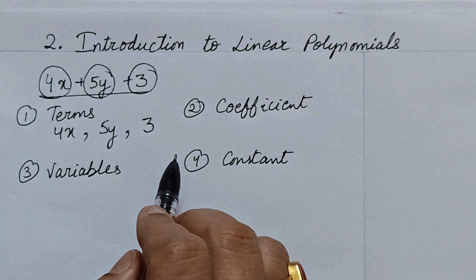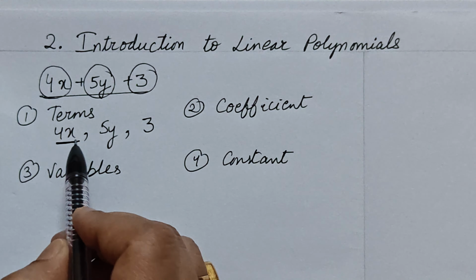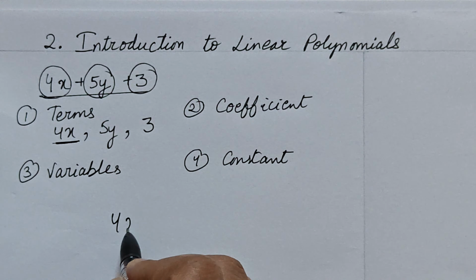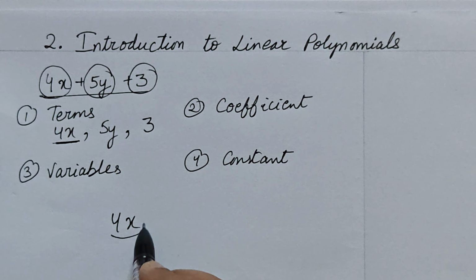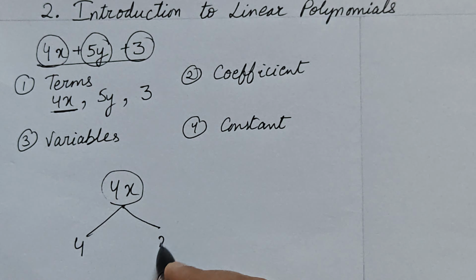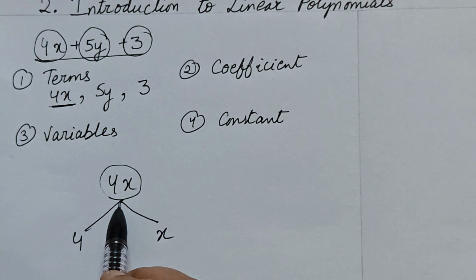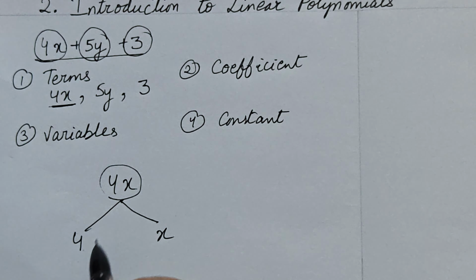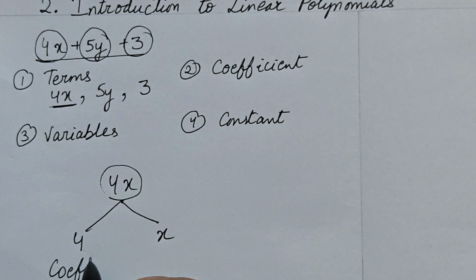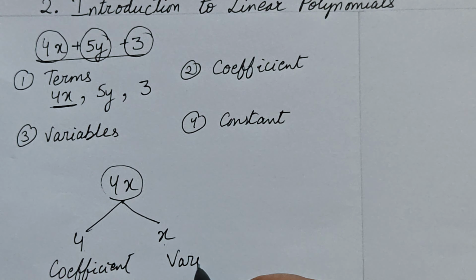What is a coefficient here? Now take the term 4x. In 4x, we can divide this into 4 into x. So in 4x, 4 is the coefficient of this term, and x is the variable.